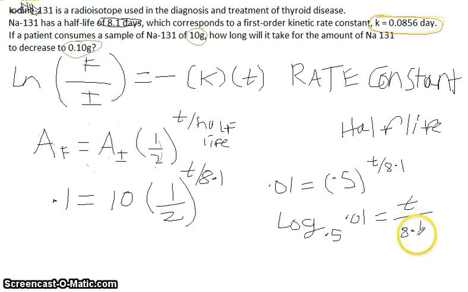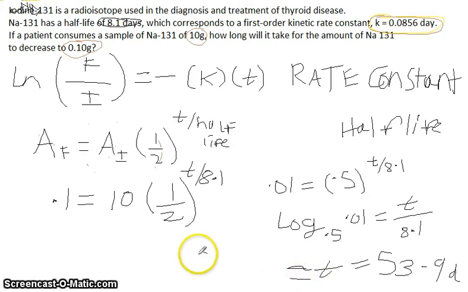Let's multiply both sides by 8.1 to get that t is equal to 53.9 days, which is approximately 54 days. Therefore, we can find the answer to this problem by using the kinetic rate constant equation or the half-life equation.